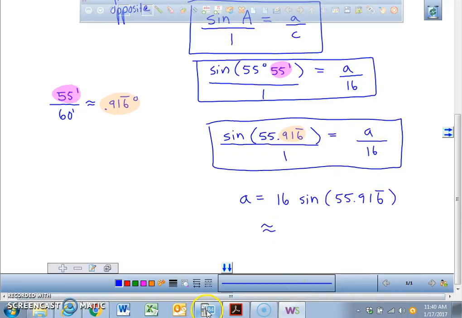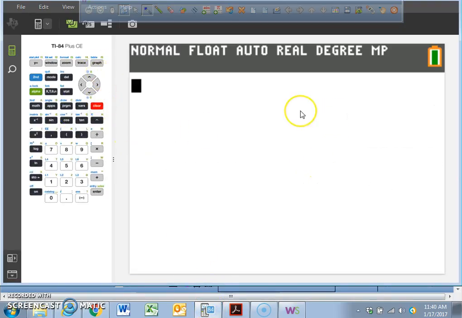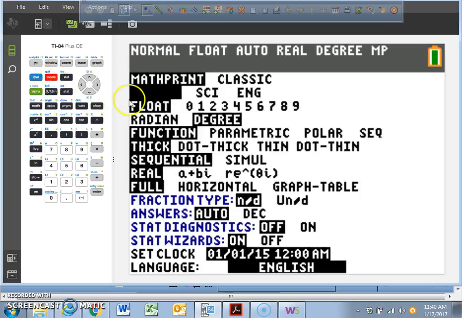So I'm going to go to my calculator right now. I'm going to clear this stuff out. I need you to be in degree mode in your calculator. So right over here, hit the mode button. Make sure your calculator is highlighted over degree mode. If it's not, it's not going to work.